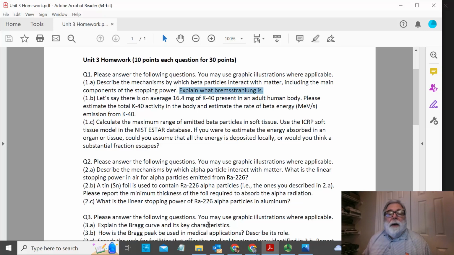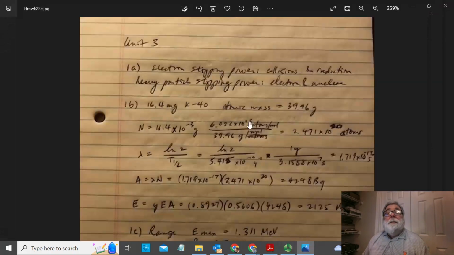Okay. Now, 1B, let's say there's 16.4 milligrams of potassium-40 in the human body. Now, this is similar to a problem we did yesterday. On homework 1, we have a mass of material, and we want to know how much activity is present. This is a little bit tricky. It's going back to something we learned in the first section.